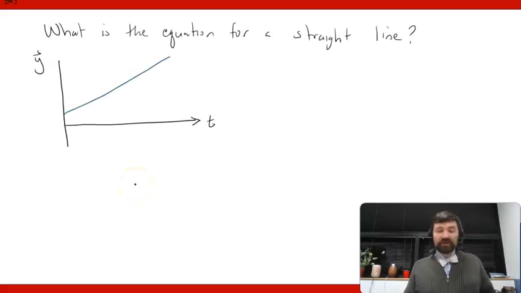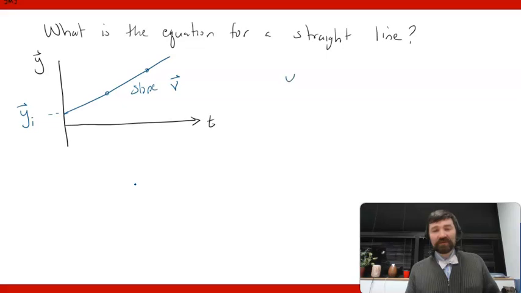So now we ask, what is the equation that goes with a straight line? Well, in algebra, you learn that all straight lines, y versus x, have the same basic equation, which is y equals mx plus b. So we expect y equals some slope times time plus some intercept. If I were to draw a dash on here, I could call this intercept my initial position, and I could call this slope velocity.